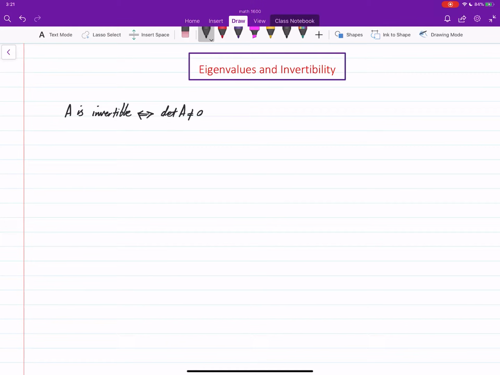What does it mean? It means that if matrix A is not invertible, the determinant will be 0, and if the matrix is invertible, then the determinant will be a non-zero thing.